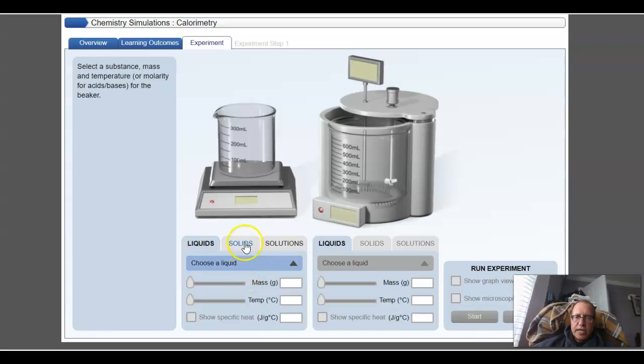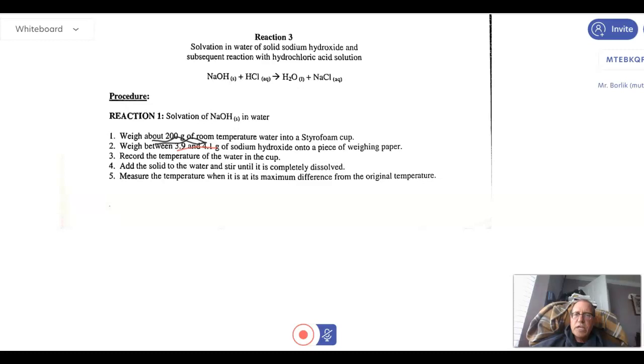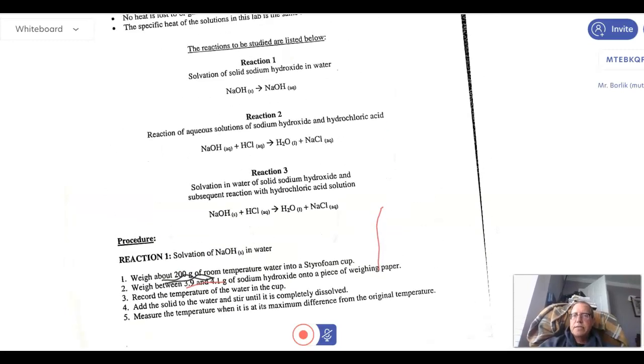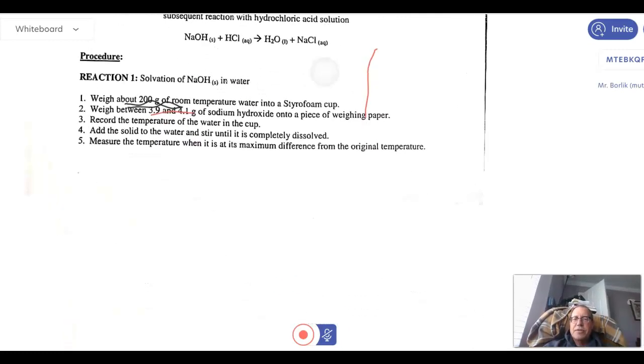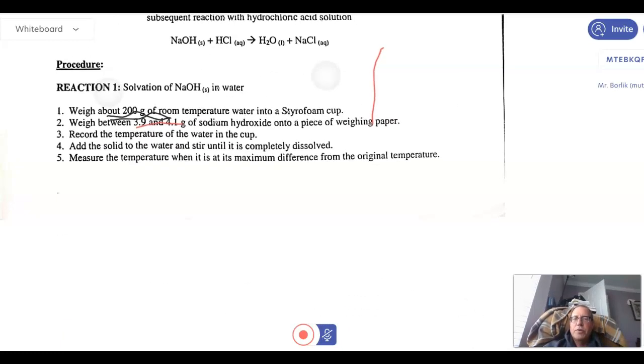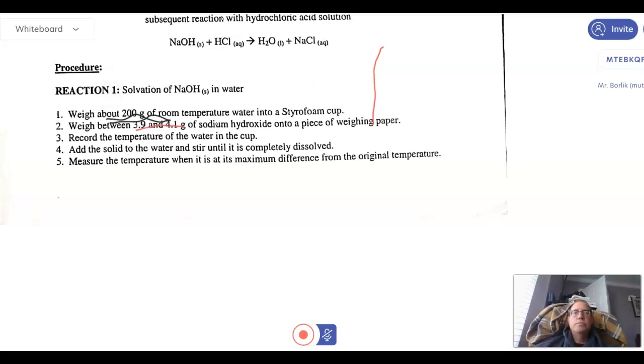Let's make sure it's a solid. Wait a minute, I'm on reaction. I want to go to reaction 1. We'll get to this one, or you will at least. So sodium hydroxide, we're putting in water. I don't know what I was looking at. I was on the right one.